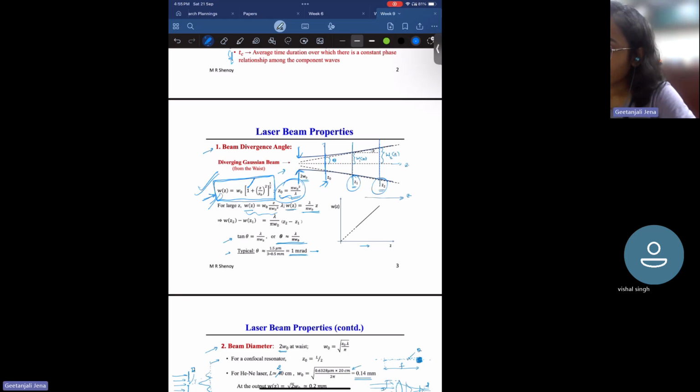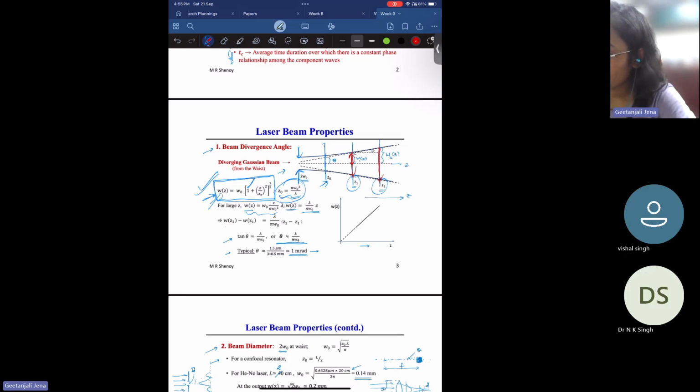If you take the difference between the spot size here and the spot size here, WZ2 minus WZ1, it will give lambda by pi W0 times Z2 minus Z1. And this you can relate through tan theta. So tan theta will come around lambda by pi W0.